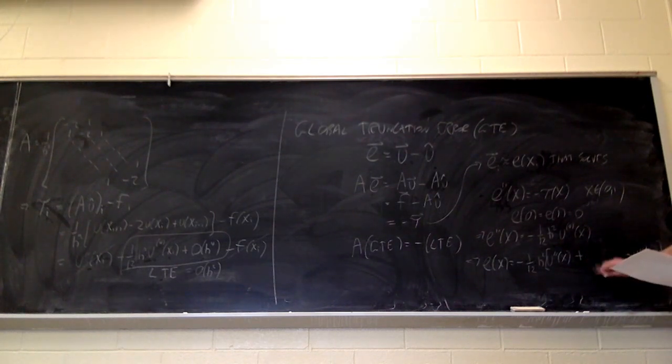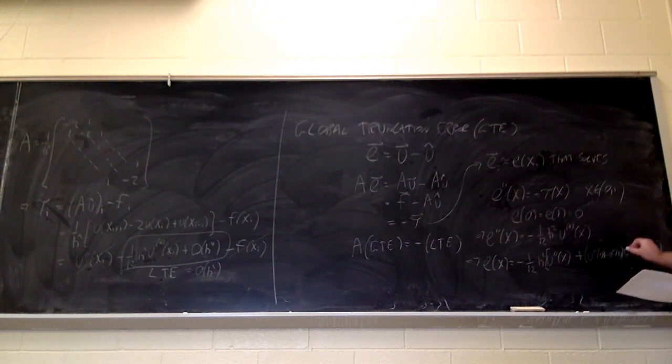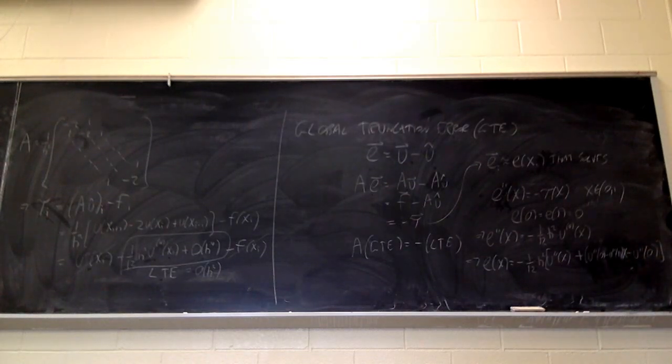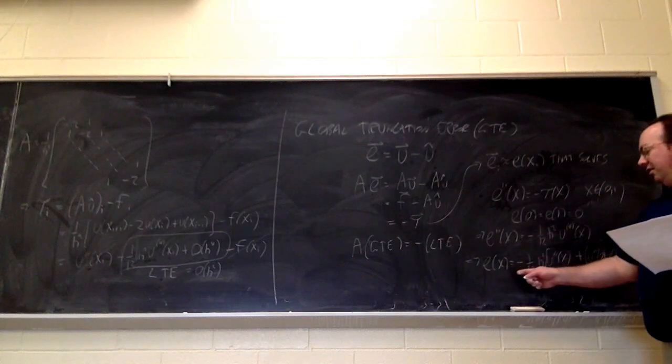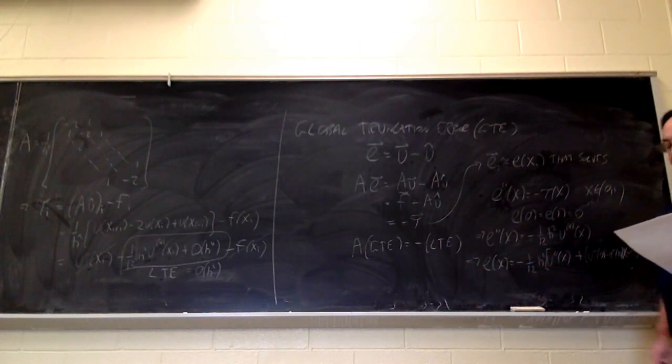So this is going to be u double prime of 0 minus u double prime of 1 times x. So now I have at least a decent idea as to what my error is. The point I want to make is, because of a mistake I made up here, there's a sign mistake in the notes, but the minus is the correct sign.